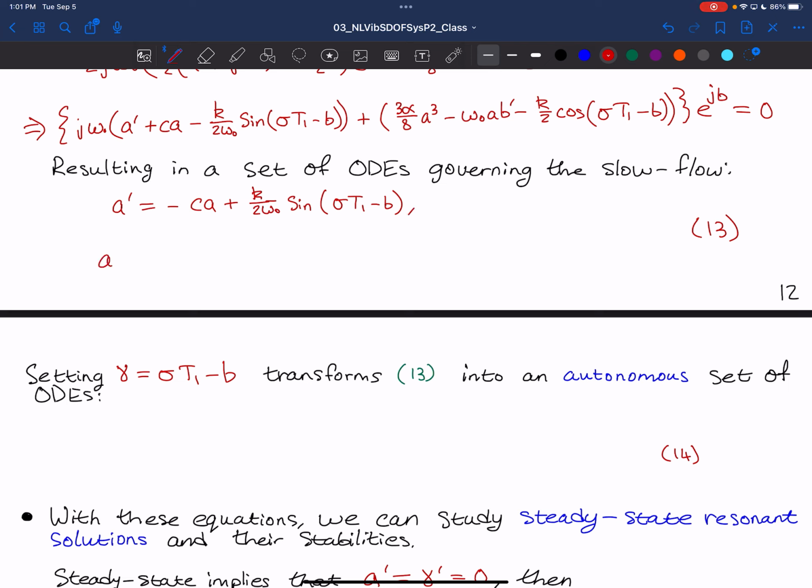And the second one, we'll get AB' is then equal to 3α/(8ω0) times A³ minus k/(2ω0) times the cosine of (σT1 minus B). And those are our two equations that govern the slow flow or the slow modulation of the response of this system.